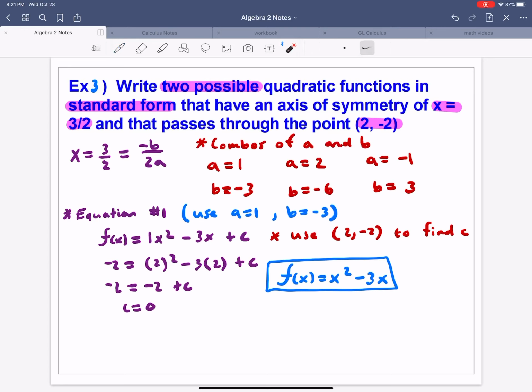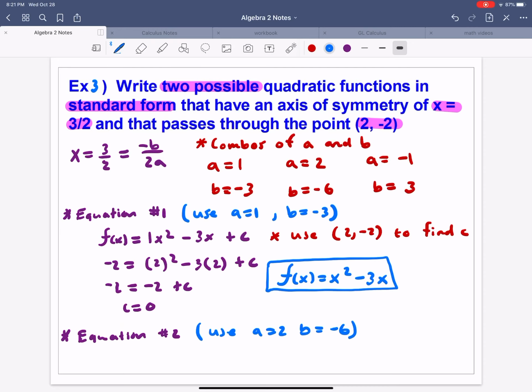If we do it again, and we do equation number 2, we repeat the same process, but this time we're going to use a different combination of a and b. So this time let's use a equals 2 and b equals -6.